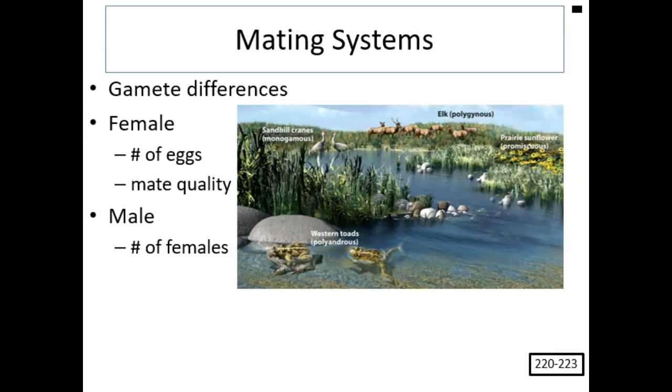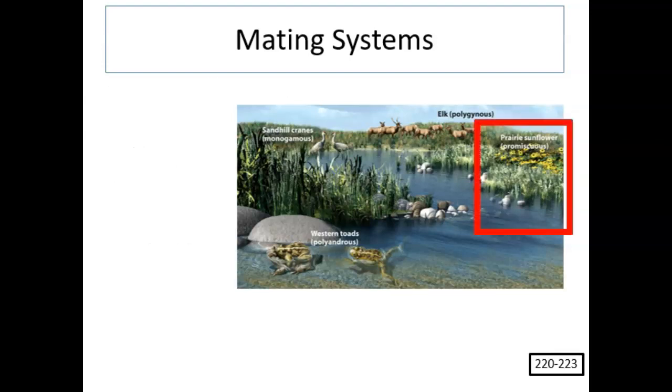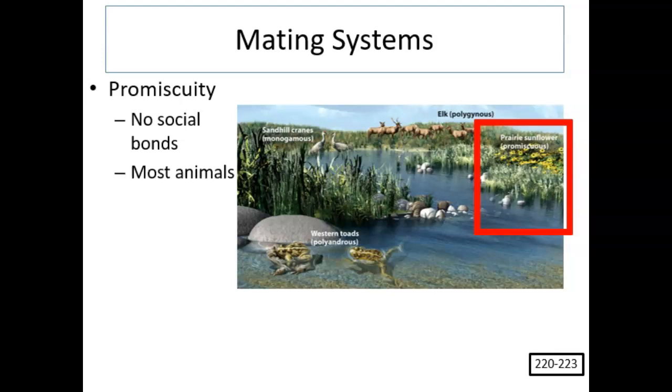Alright, so let's start out here with our first social system. We've got the sunflowers on the far right there. And sunflowers practice promiscuity. There are no social bonds that form among sunflowers. They are a good example of this.